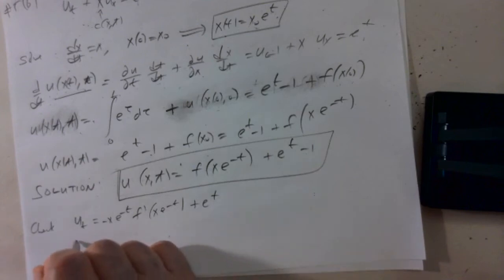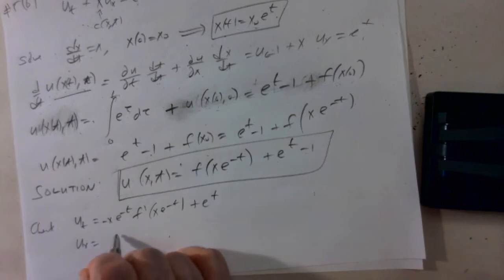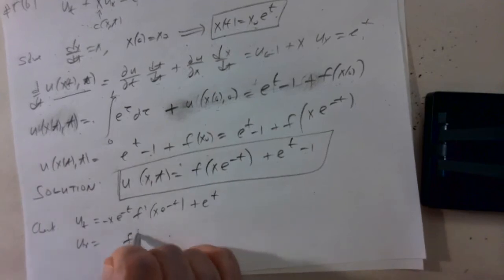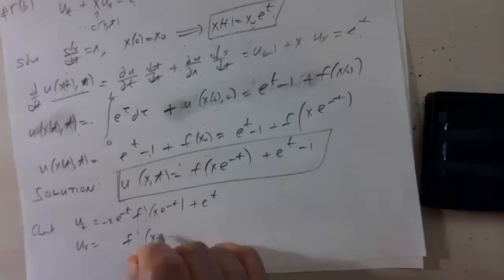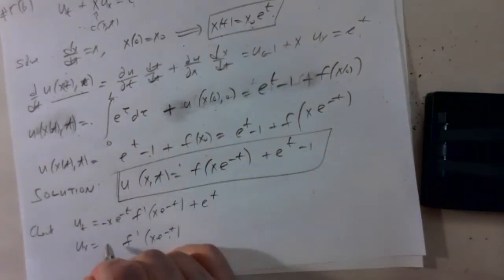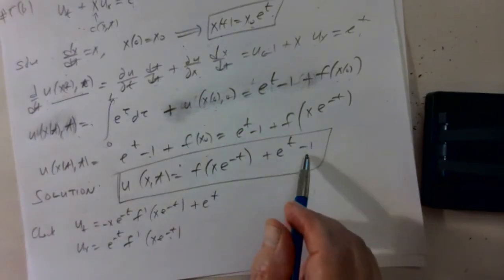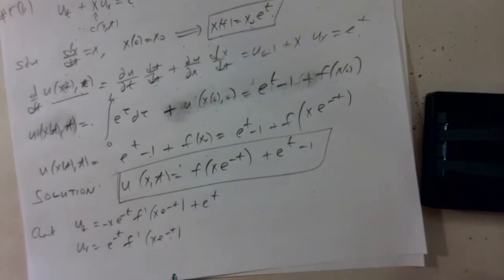What is u sub x? If I differentiate this with respect to x, I get f prime of x e to the minus t times the derivative of this with respect to x, which is e to the minus t. I differentiate this with respect to x, I get 0. So this is what it is.